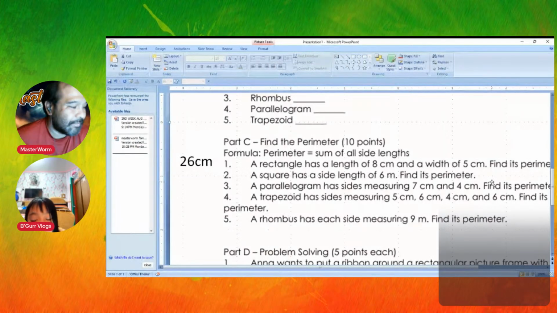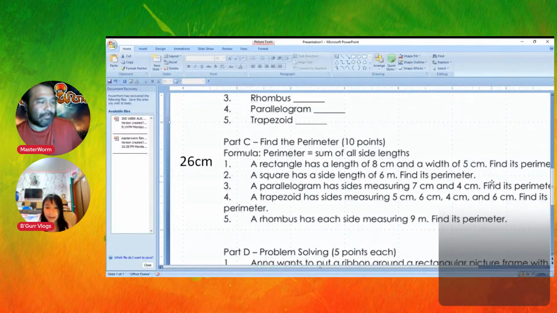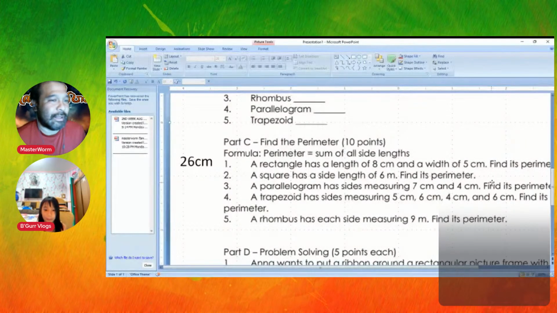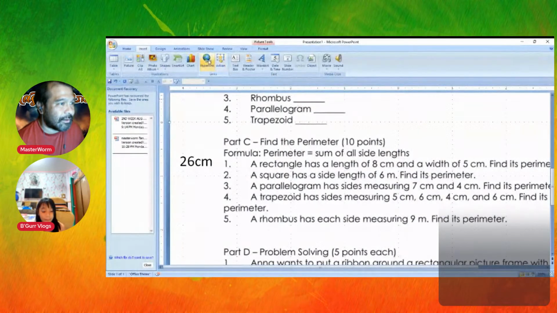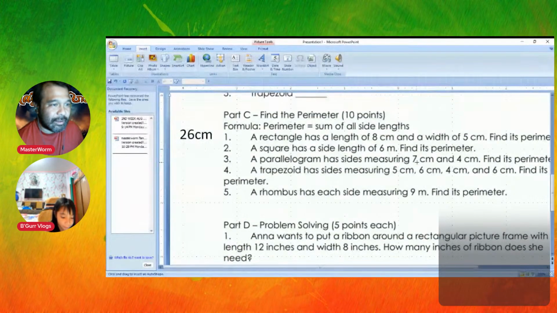We are already in number 2. Okay, so if one side of the square is 6, let me draw it for you again because I think you're confused. Listen to the instruction, please. So this is the square.